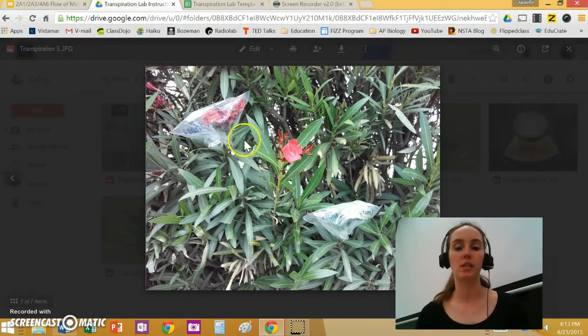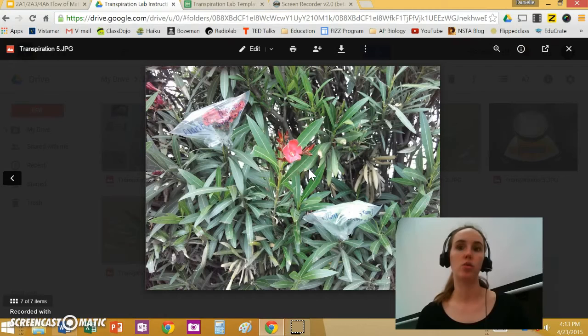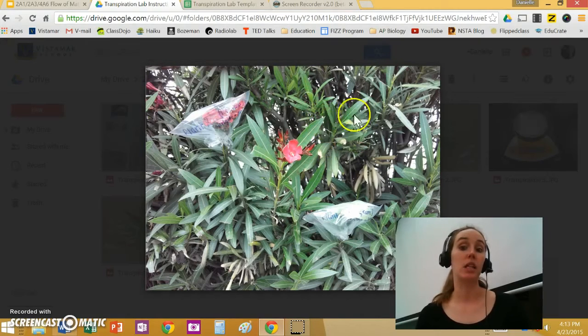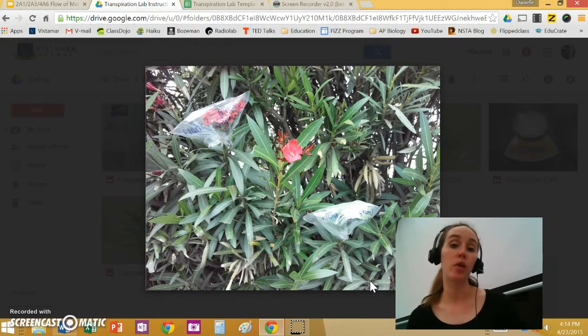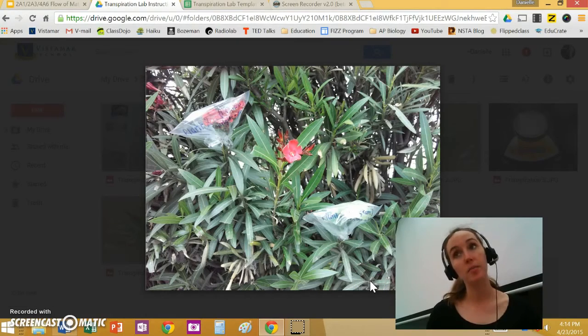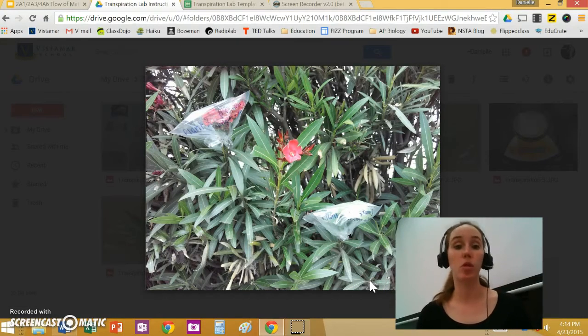Other students may take the same plant and do part of the plant that's really in the sun and then part of the plant that's really in the shade. Some may do a healthy part of the plant versus a sick part of the plant. Some may do 2 totally different species altogether, which is fine.